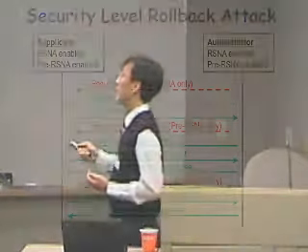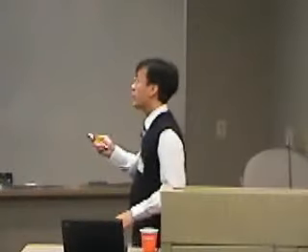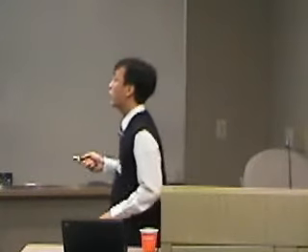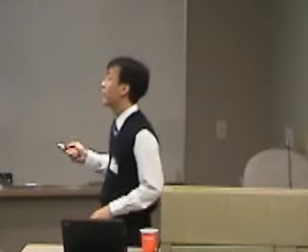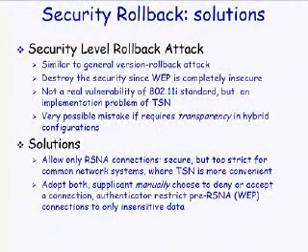But if the adversary forges this beacon message, or forges either one of them, with indicators which say only pre-RSNA is enabled, then the supplicant will choose the WEP pre-RSNA method to connect with the authenticator.